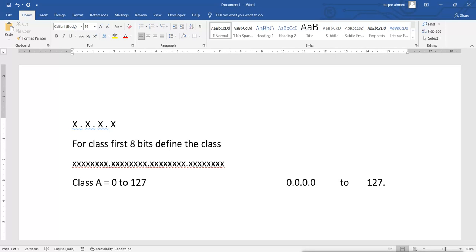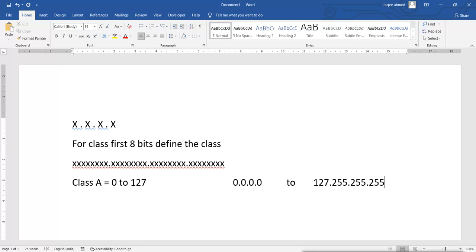It will go up to 255.255.255. Now why am I saying this? This is your class A range, starting from 0.0.0.0 to 127.255.255.255.